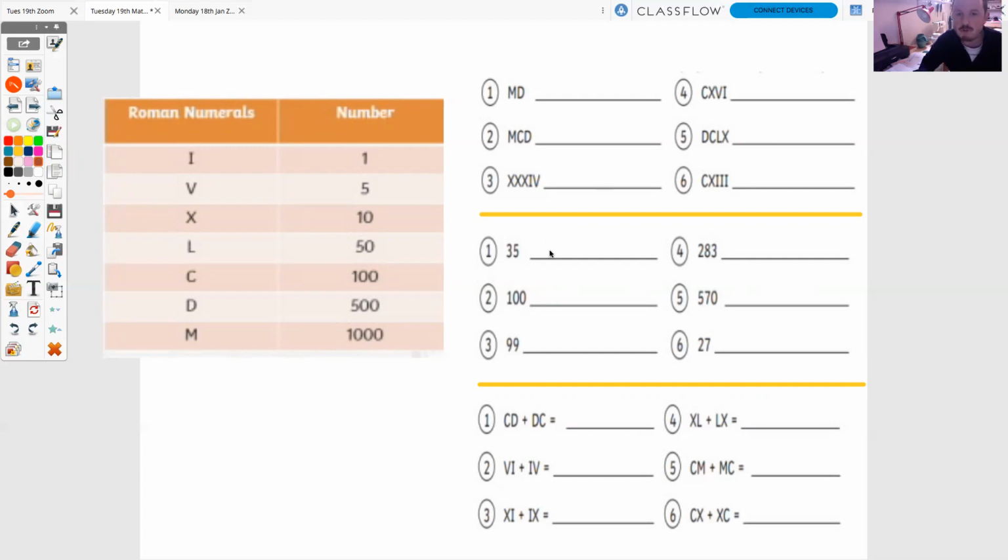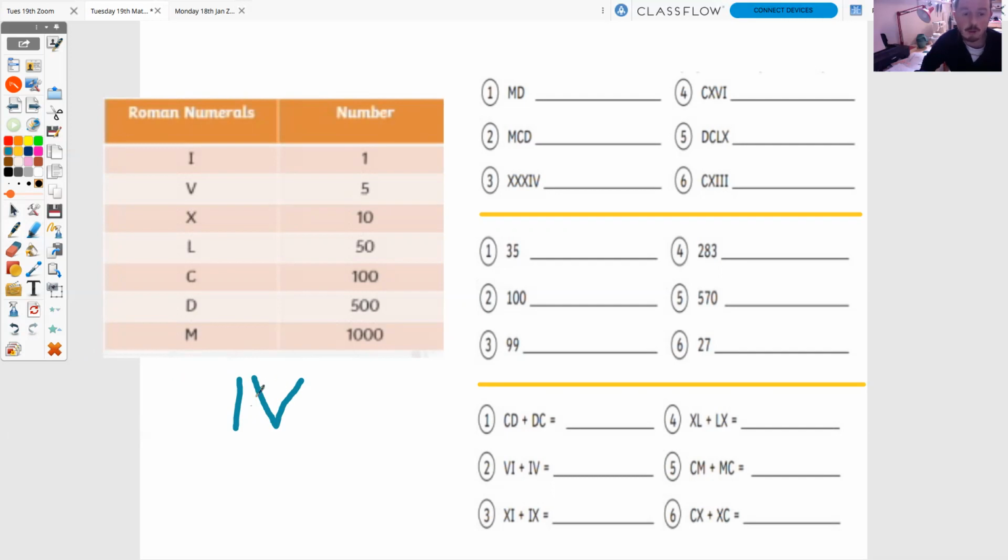So you've got some Roman numerals to work through here. The first one being MD. Well, you look at what M is, 1,000. You look at what D is, 500, and you put it together, which is 1,500. All right, you can work through the rest there. My only tip is to remember, if a smaller value appears before a larger value, like, let me just give you an example on the screen, IV, it means 1 before that value.